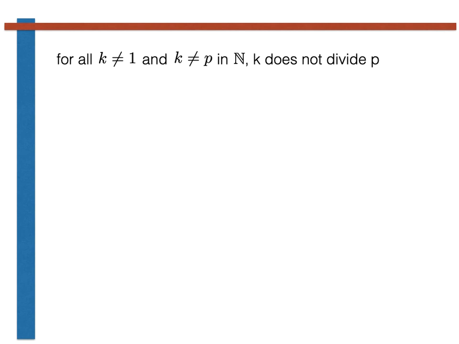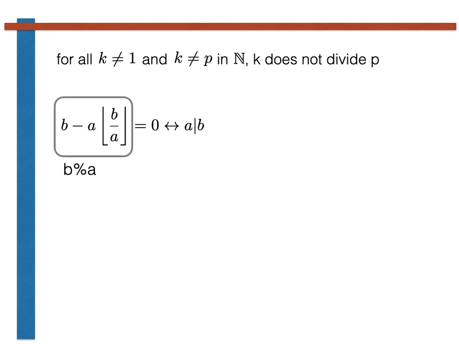Further, note that we just established on the previous slide that a divides b if and only if b minus a times the floor of b over a is 0. And we have just established that we can calculate b minus a times the floor of b over a by using the percent operator in Python.